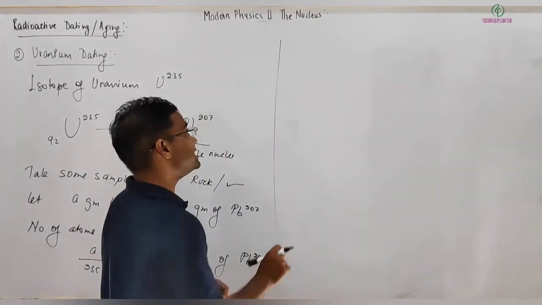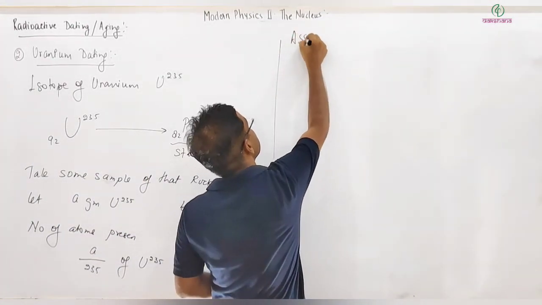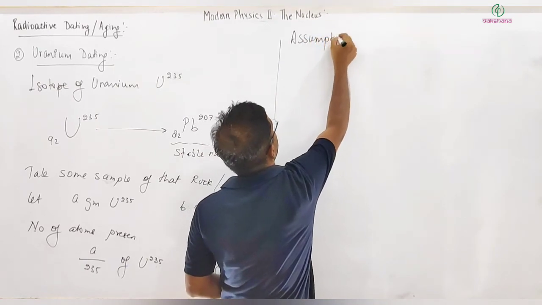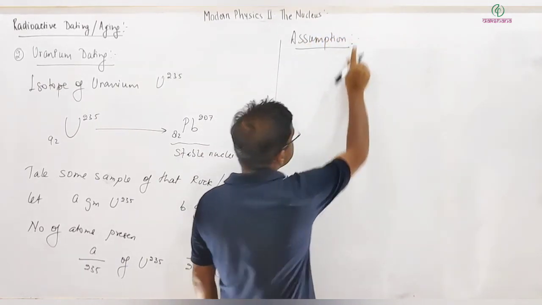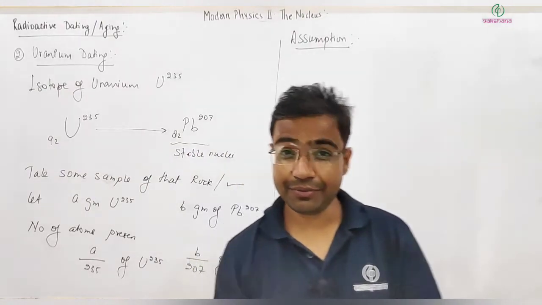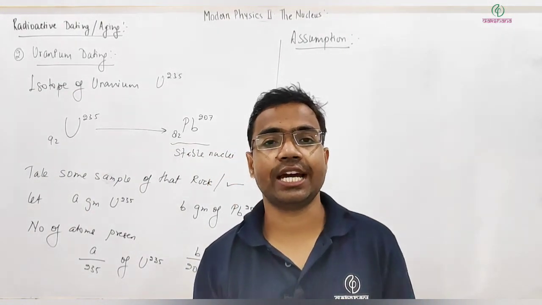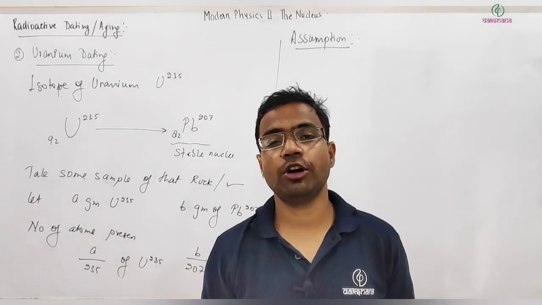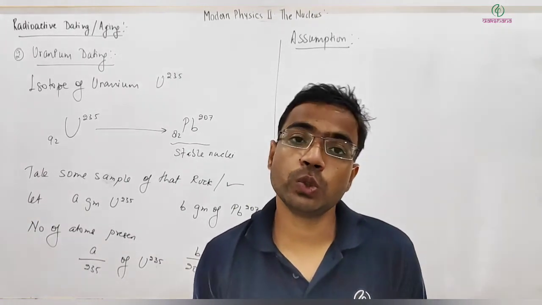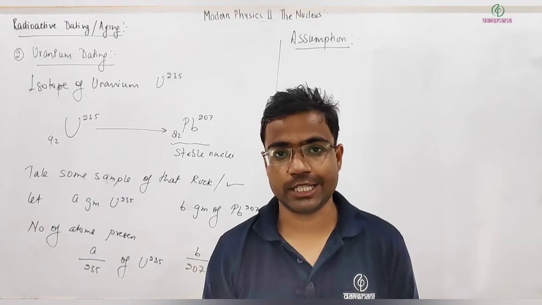So here we use one assumption. The assumption is that initially, at the time of formation of the rock, only uranium 235 was present.